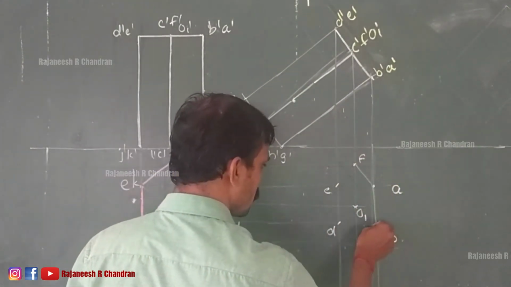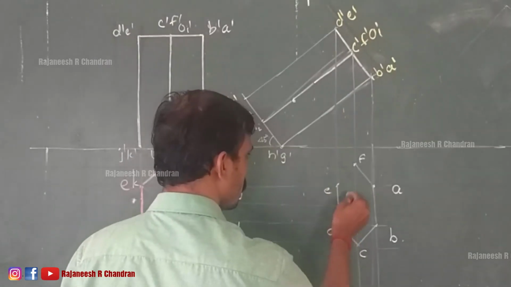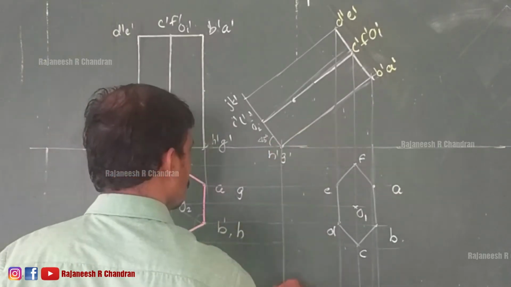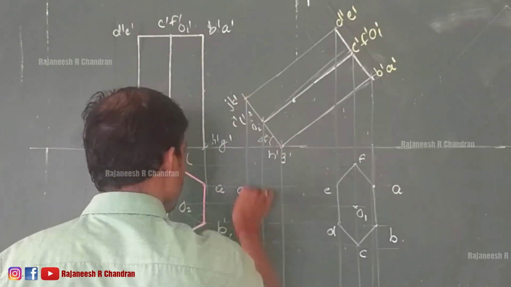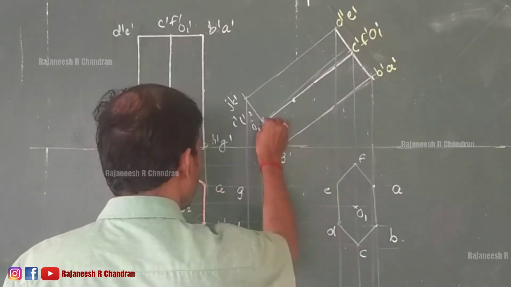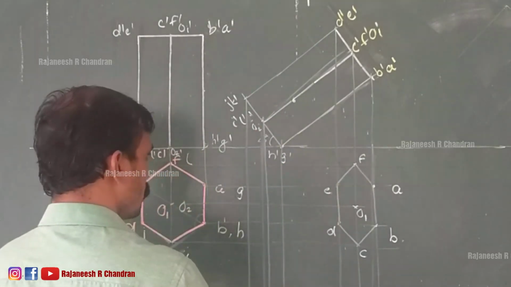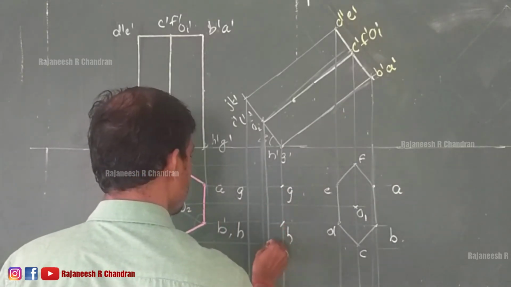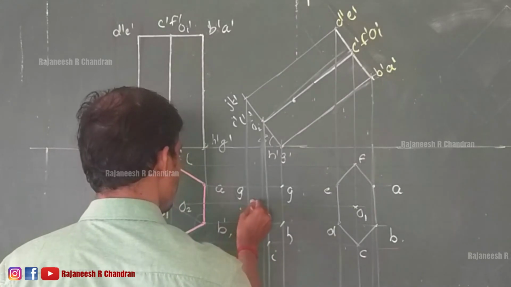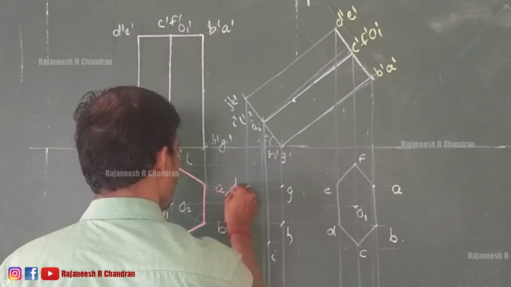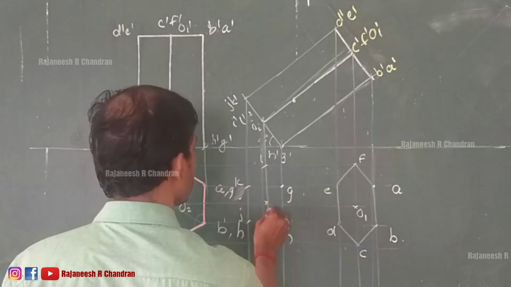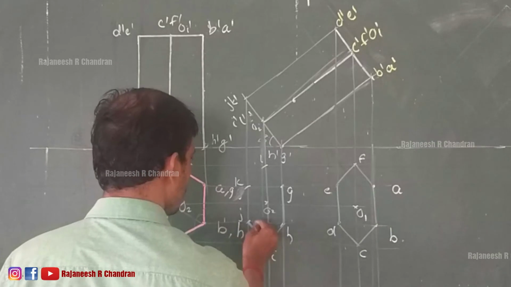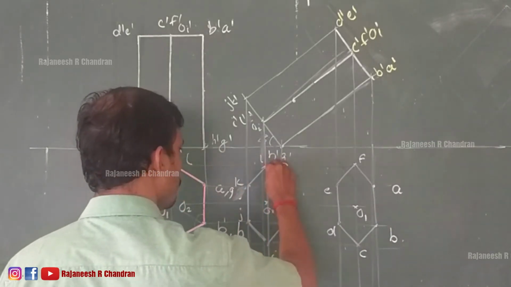So connect all these points using a pencil in a lighter way. So that has been connected. Now go for the other face. So here it will be G, H, I, J, K and L. You can connect this as GH, HI, IJ, JK, KL and LG.